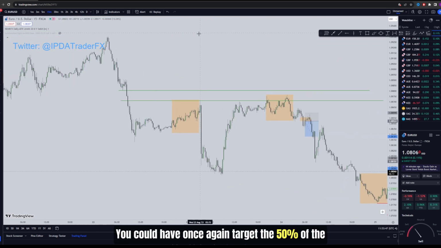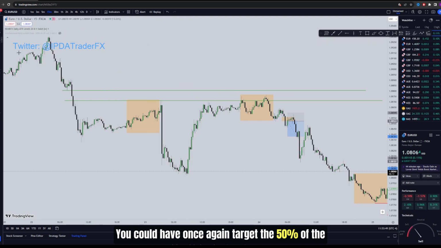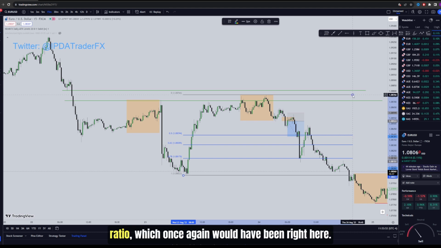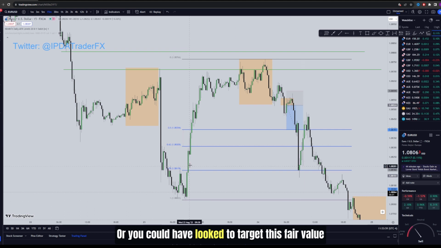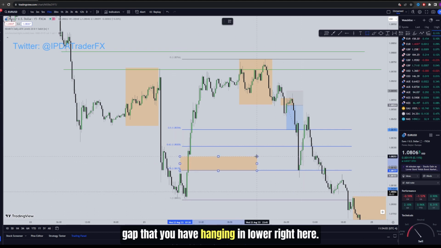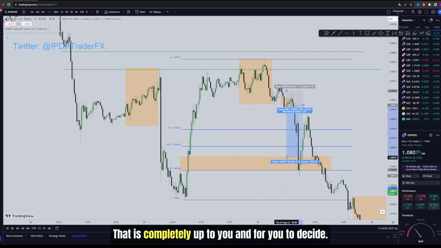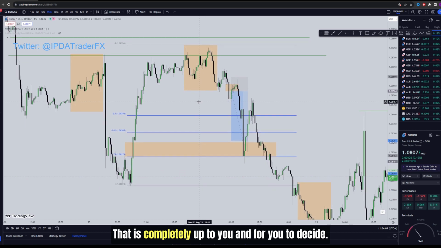You could have, once again, targeted the 50% of the equilibrium if it makes for a decent risk to reward ratio, which once again would have been right here. Or you could have looked to target this fair value gap that you have hanging lower right here. That is completely up to you and for you to decide.